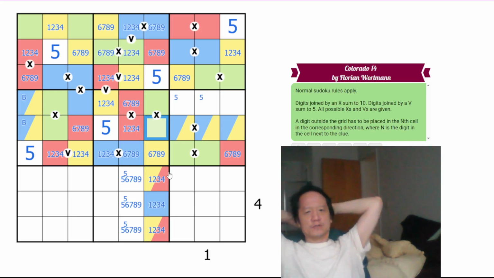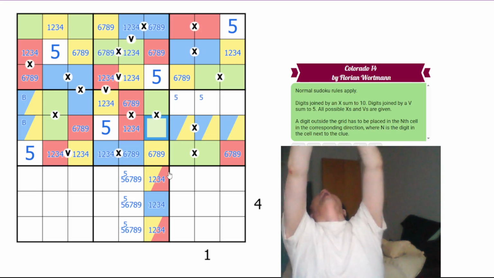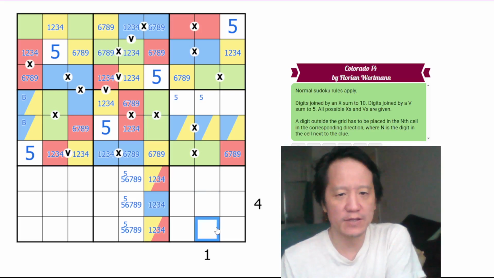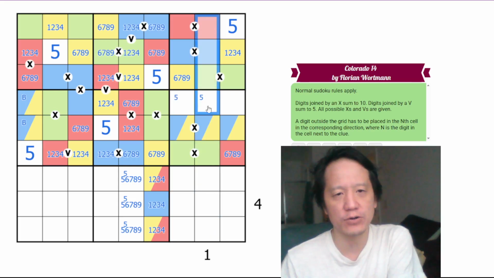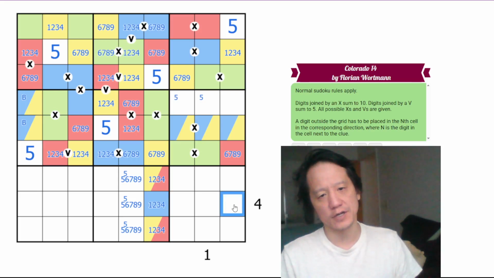Okay. What else do we have? For numbered rooms clues, 1 can never be the first digit, except if the clue outside is a 1. So this could be any digit here, 1 through 9. This 4 cannot be 1.